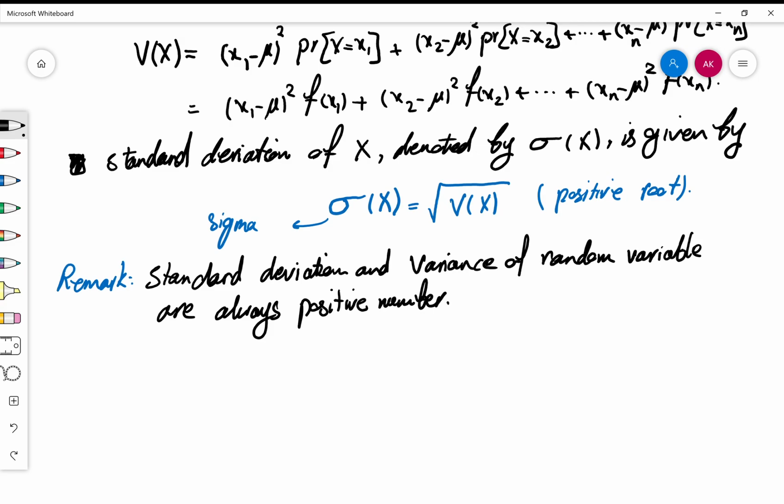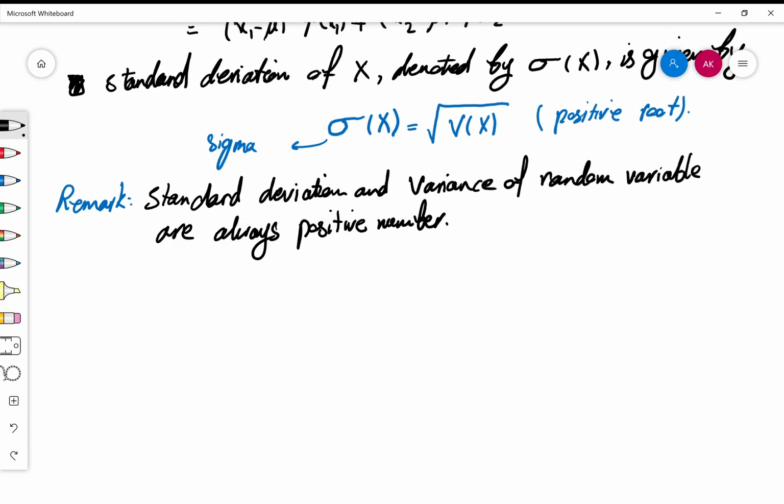Non-negative numbers is a better way of putting that, but that's enough. Well, out of all the random variables, there are two important random variables.